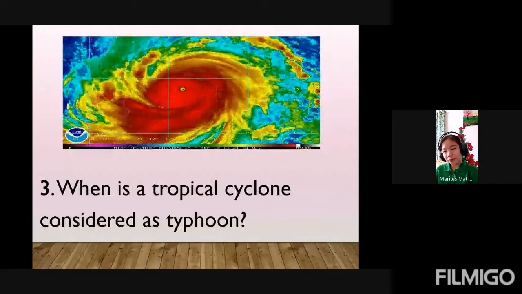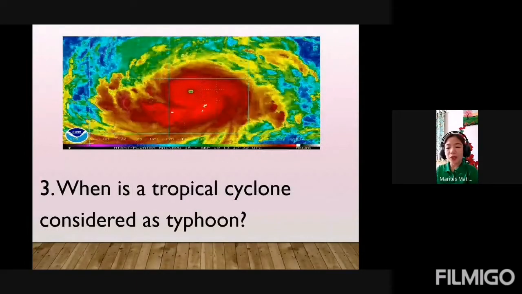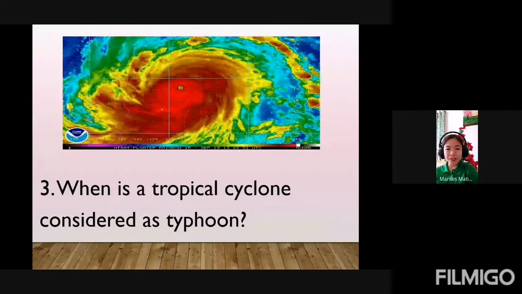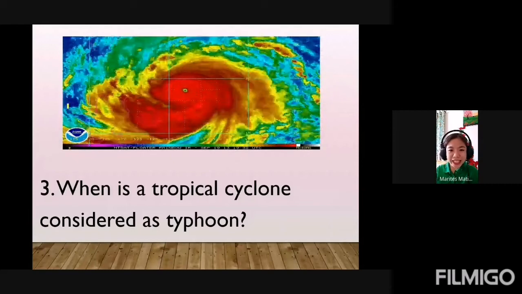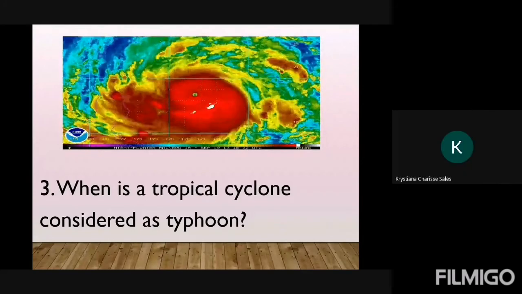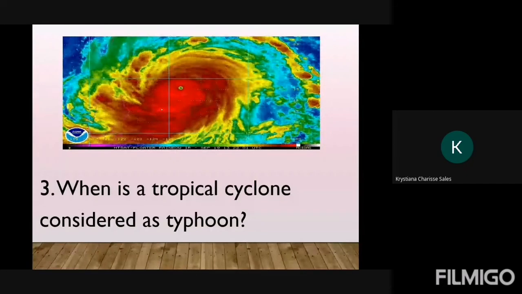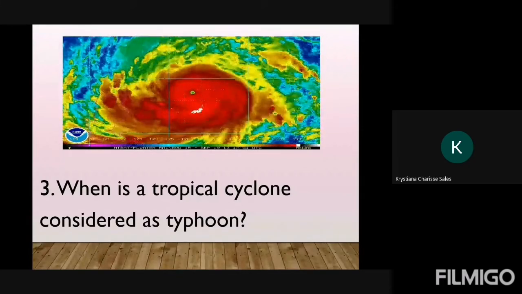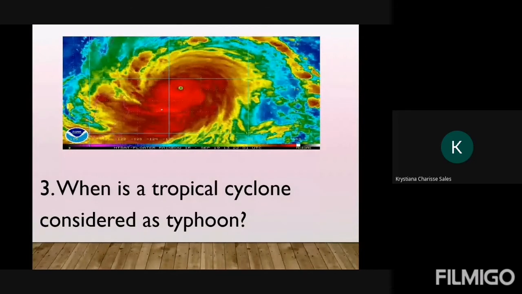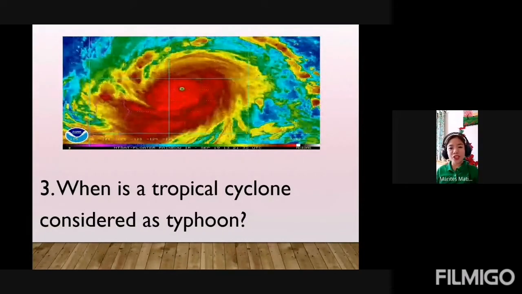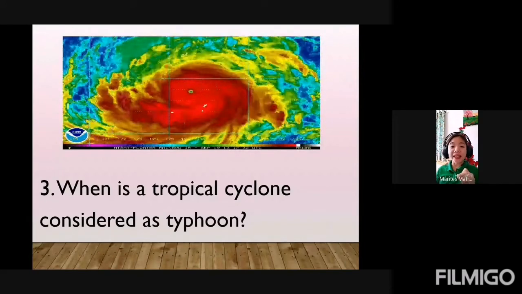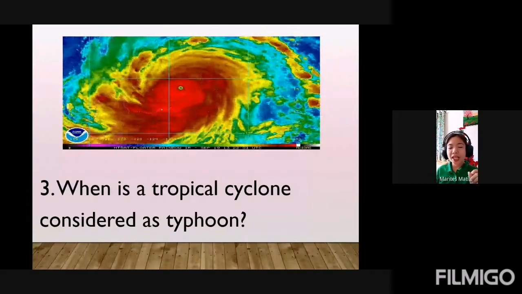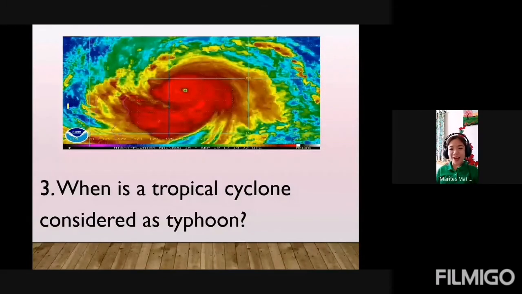Then the third, when is a tropical cyclone considered as, yes, Christiana? Ma'am, kapag po naging 74 miles per hour po yung wind po. Okay, so when it reaches a maximum sustained wind of about 74 miles per hour.